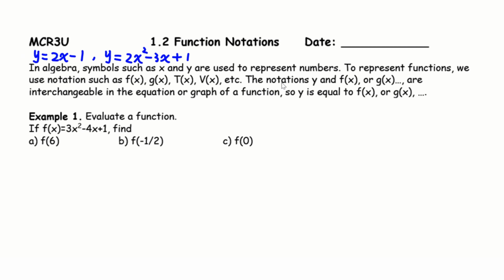So in function notation, the y and the function notation, f of x or g of x, t of x, v of x, are interchangeable. So if you don't want to see the function notation, you could replace f of x with y.